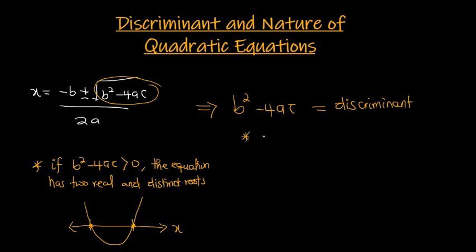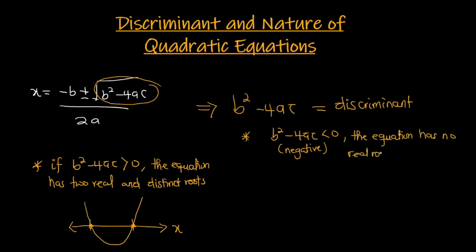Now, the second condition is when we have b squared minus 4ac less than 0 or is negative. When this expression gives you a negative result, then the equation has no real roots, or some people will say it has a complex root.